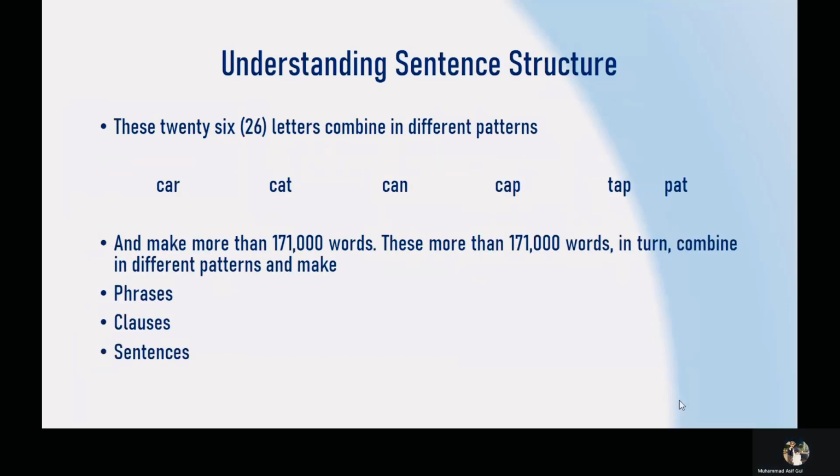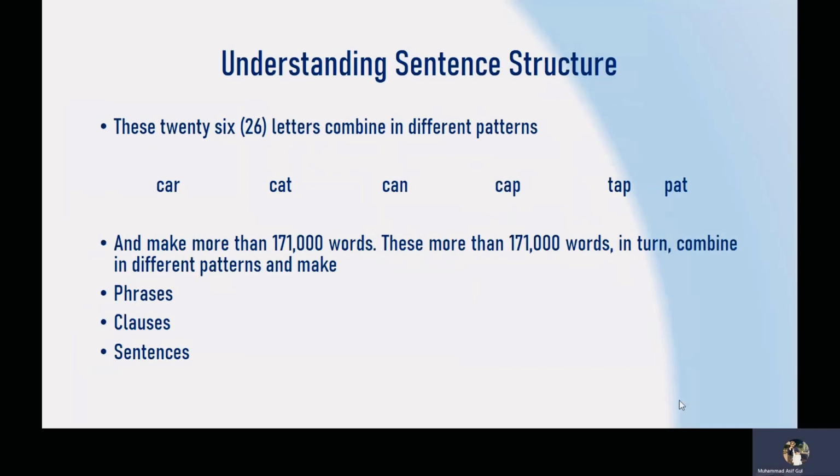And these 26 letters combine in different patterns, as you can see on your screen: car, cat, can, cap, tap, pat.